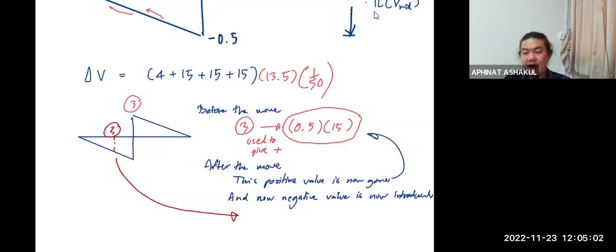Now we have to do some calculation, because we know that the distance the load moves here is 13.5, right? The negative value that is introduced to your shear at midspan has to be equal to load number 3 itself multiplied by its ordinate.